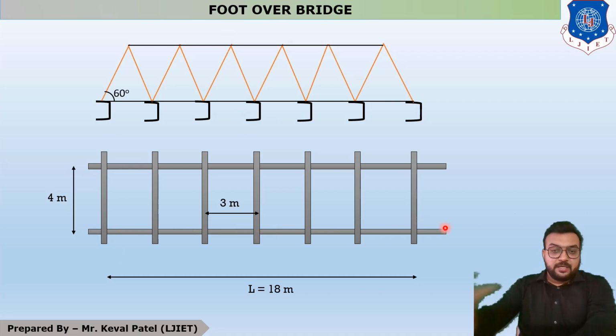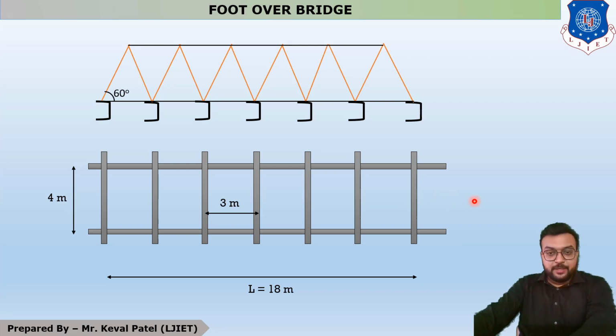But if we see from the top view, your structure will be like this, and we have to start our design of this member. This is your bottom chord, and a similar structure will occur at the top chord. Whenever we start our main members design, first of all we have to find out loads.